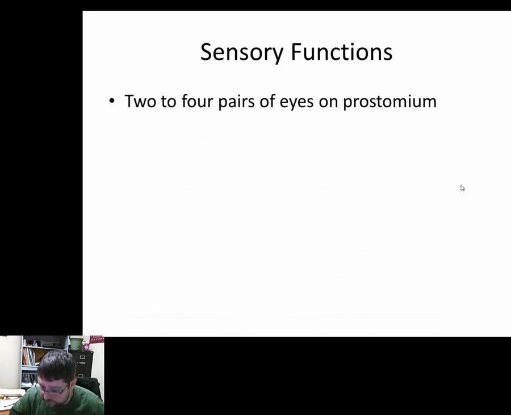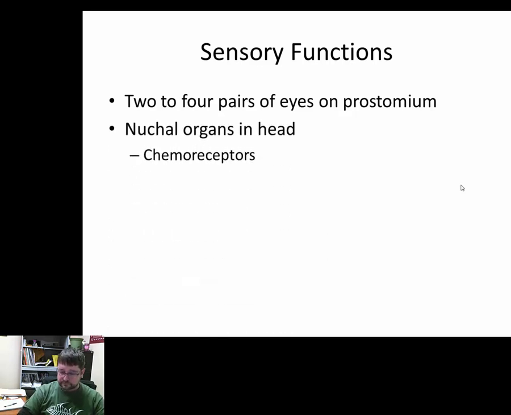So they have eyes. At least polychaetes do. Not all annelids have eyes, but polychaetes do, and they come off the prostomium, the tip of the head of the organism.